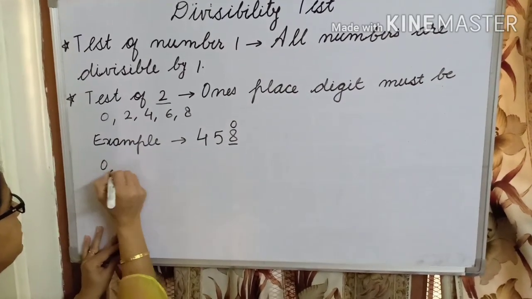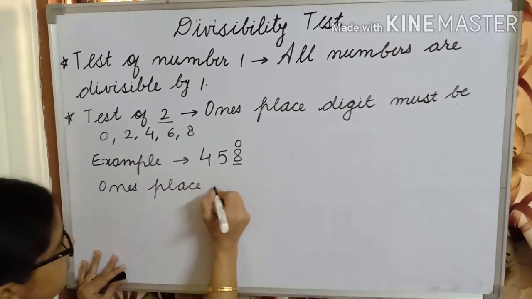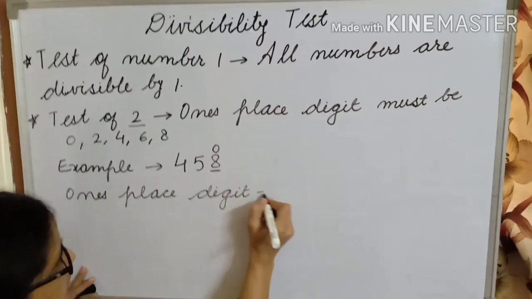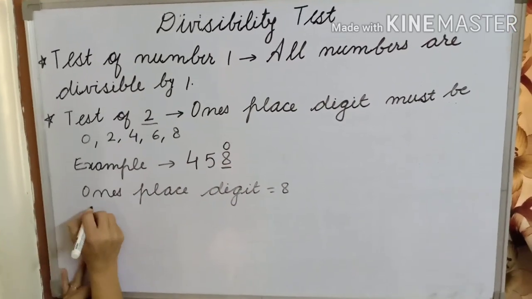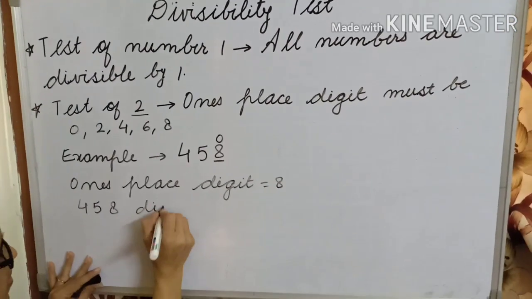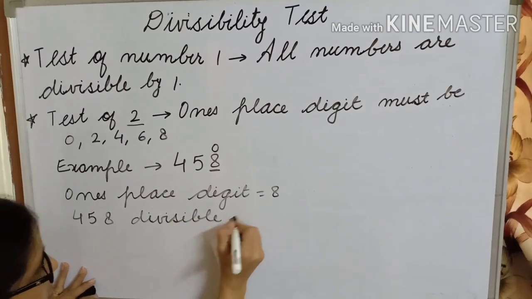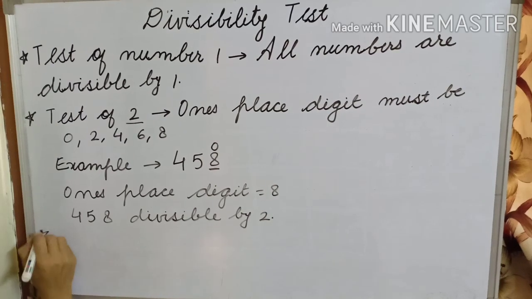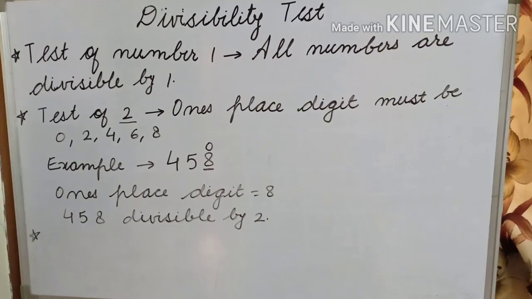Ones place digit is 8. Then this 458 is divisible by 2.